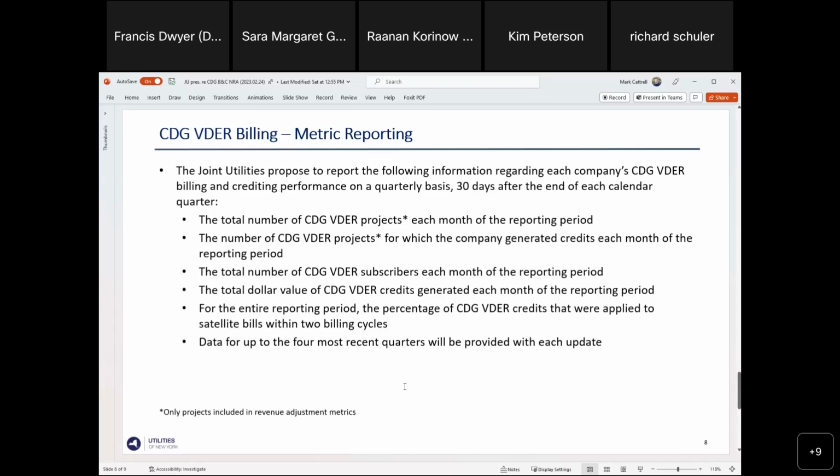I think the reporting and the metric lend themselves much easier to an annual true up. And the other thing is, I don't know that there's actually a precedent for any other NRA being set on a quarterly basis. I'll defer to staff and others on that, but that just seems overly burdensome on the utilities.